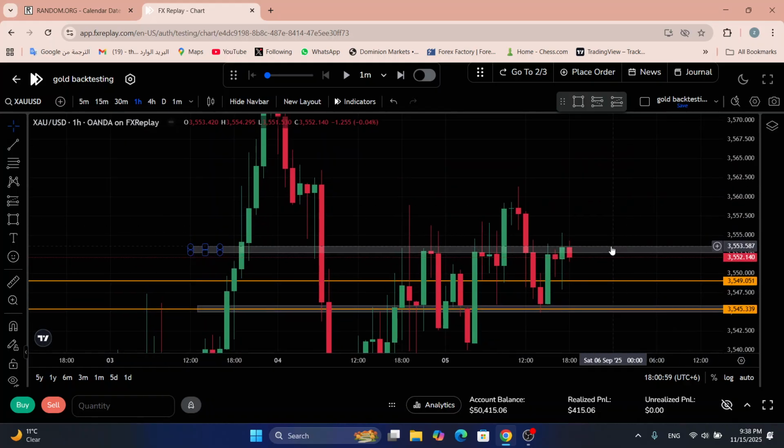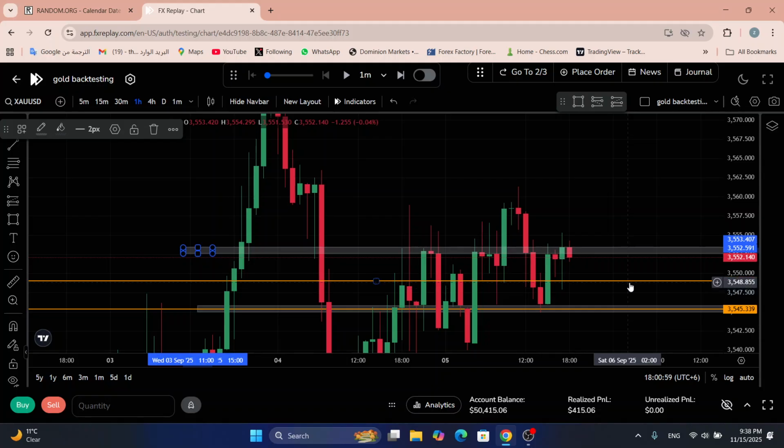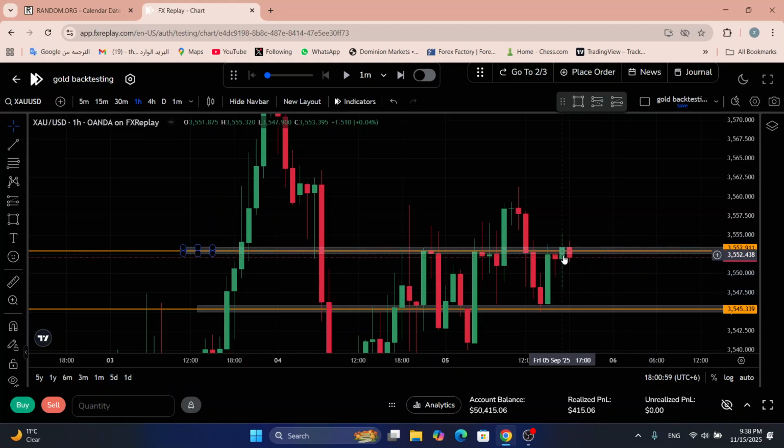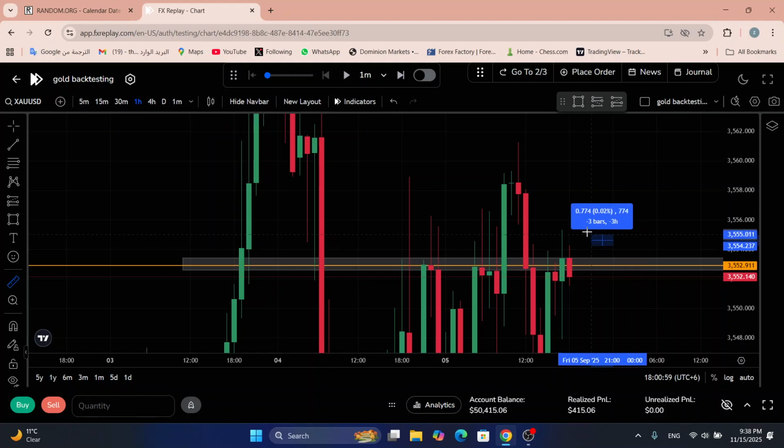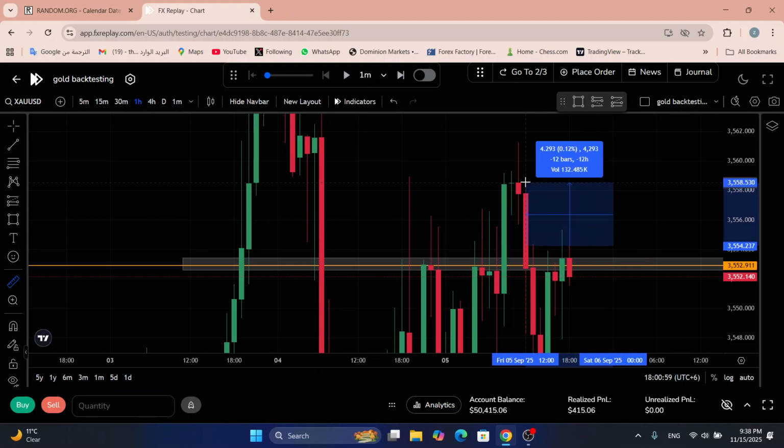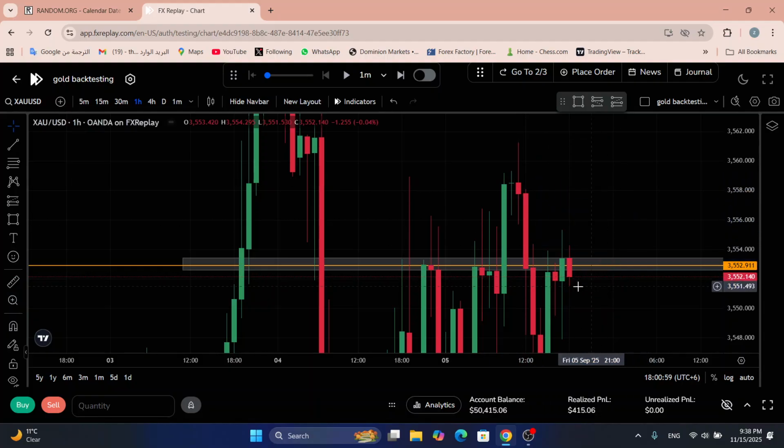Above this area right here, we can see that we have a bullish closure, and this candle is now creating a bottom wick. So if it breaks its own high, there is a high probability that it will go to the top of the range for about 45 pips.